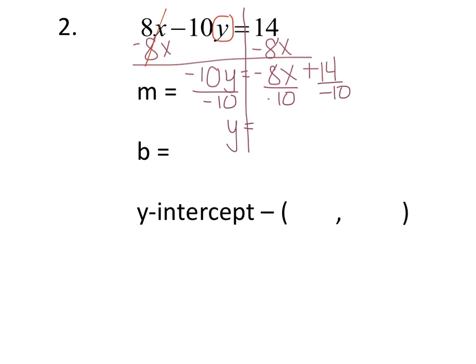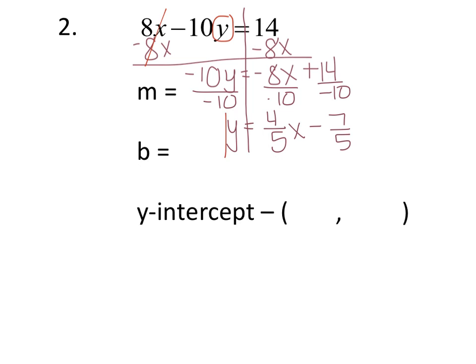So I can take out a 2 from both of them, so I end up with a positive 4/5 x, and again a positive and a negative gives me a negative, and 14 and 10 isn't going to give me a nice fraction, so I can just reduce it and take out another 2 out of both of them, so I have 7/5.